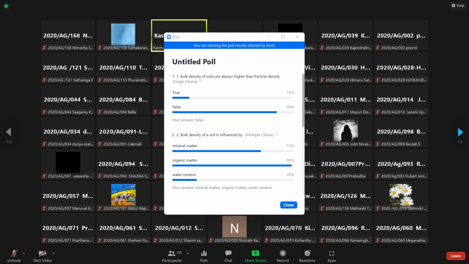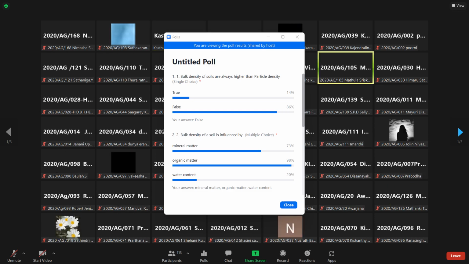The last question. Sandy soils have less porosity than clay soil. Correct or wrong? True.